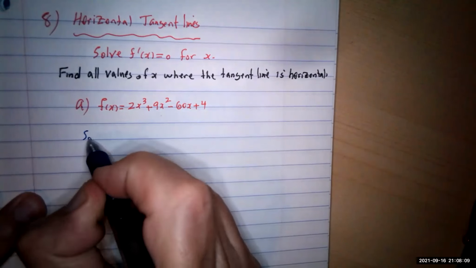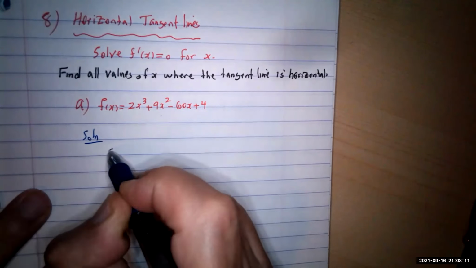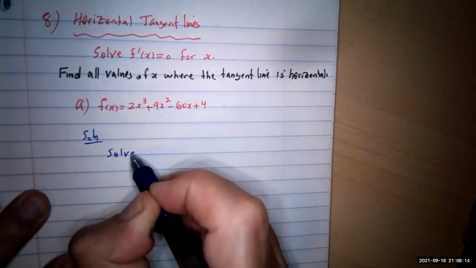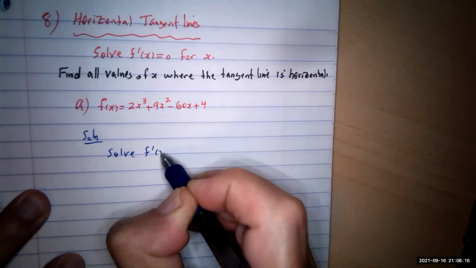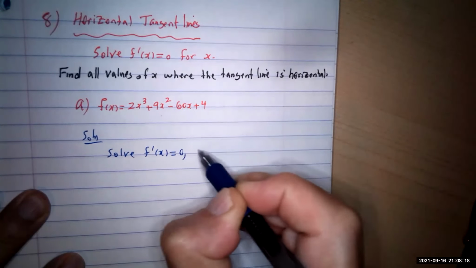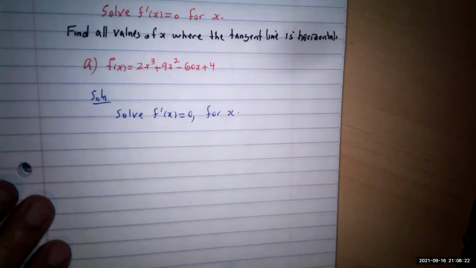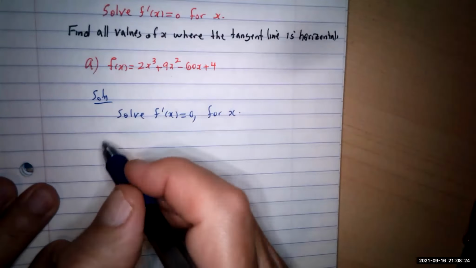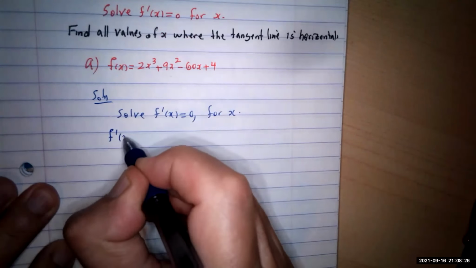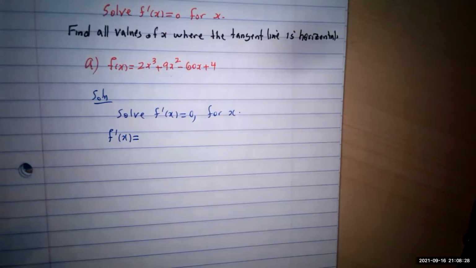So for the solution, I just repeat, you are going to solve this equation, f prime of x equal to 0 for x. So the key is f prime. Here's the f prime. What's the derivative of this function?